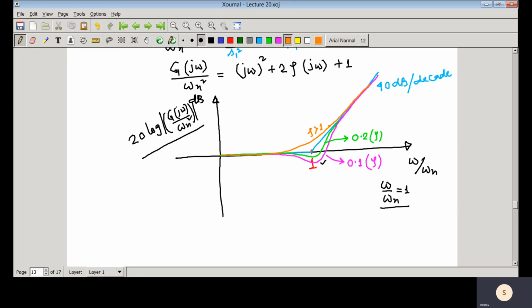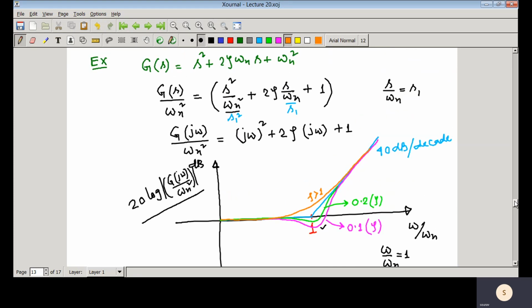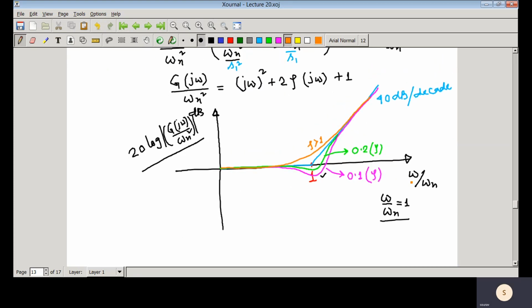So what we have seen here is that whenever we have a second order term, we can represent it in normalized form that we discussed in the last class. In x-axis it is represented in the form of ω/ωn, that is in scaling form, and in y-axis it is 20 log of |G(jω)| by ωn square.